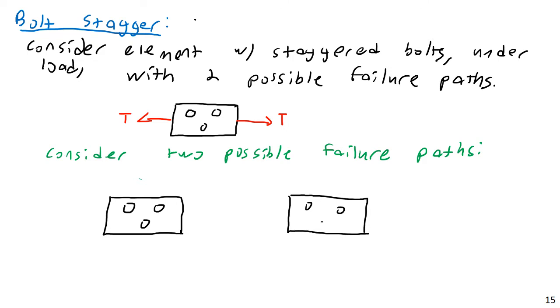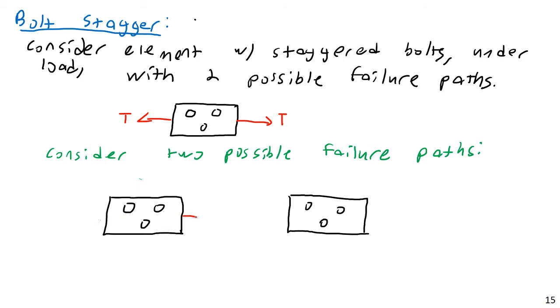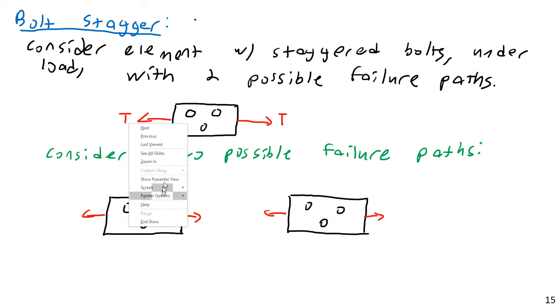I'll label the same load T on each. Then let's show the failure planes. So we have a couple possible failure paths.